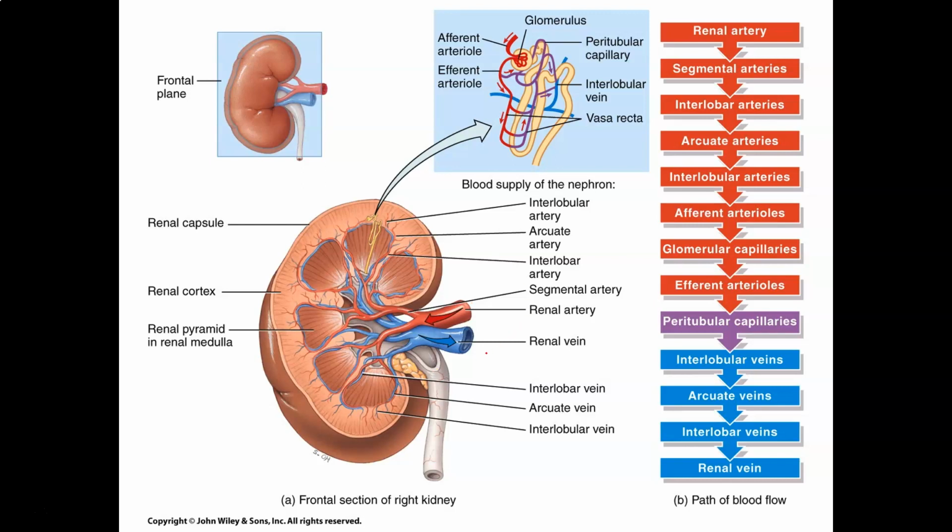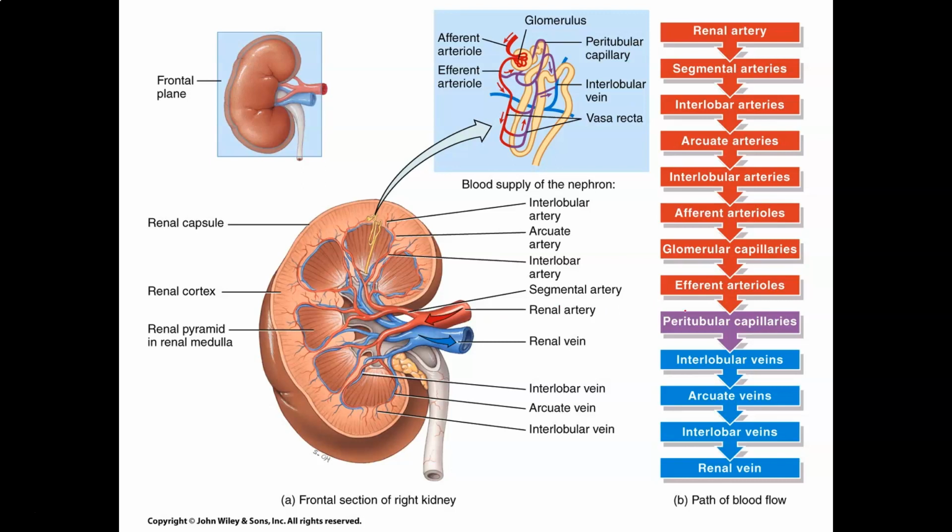So we're going to go over that in a moment. And then the other thing is to learn the structure of the kidney tubule, the million or so little tubes that are in the kidney where the urine is produced. So let's first look at the blood supply, and then we'll look at the kidney tubule.